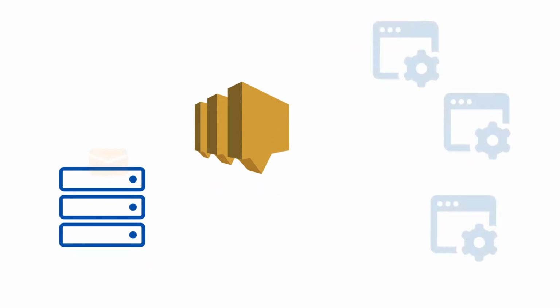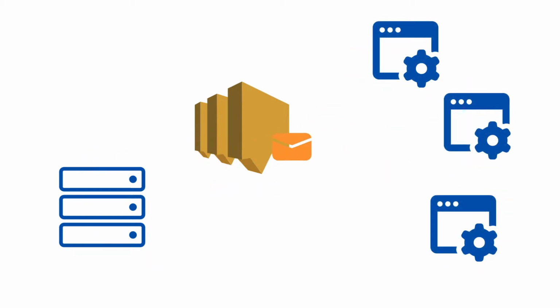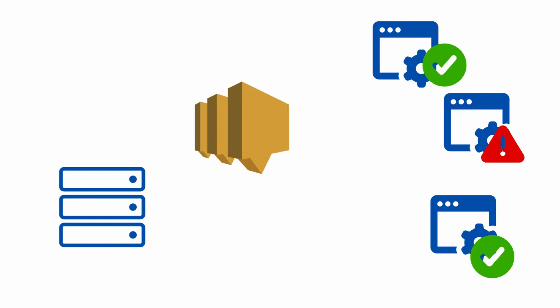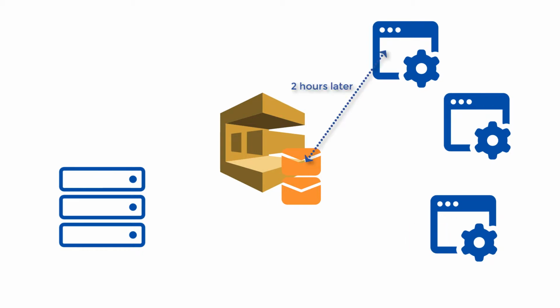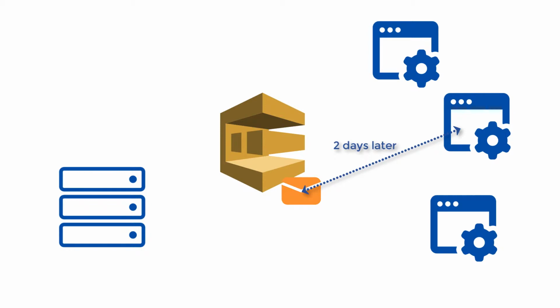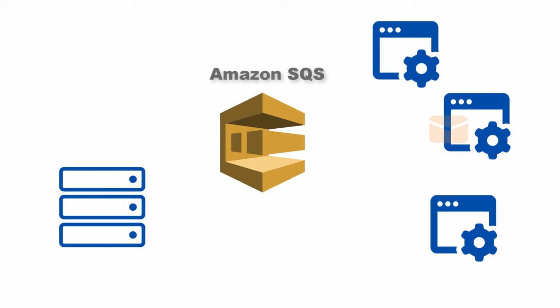The thing is, not all receiving applications have the capacity or are designed to receive messages in that manner. Some applications prefer to retrieve messages from a queue at their most convenient time using a polling or pulling method. This is what Amazon SQS or Simple Queue Service is built for.